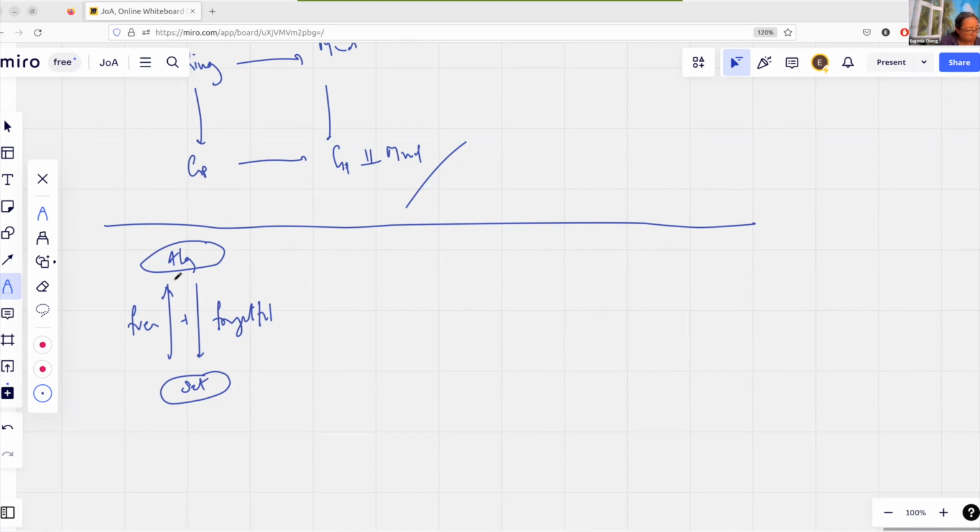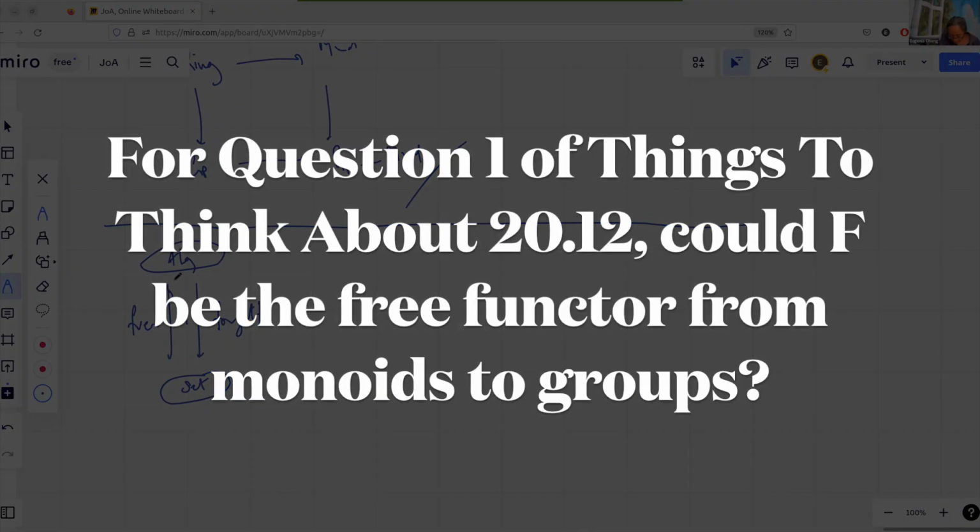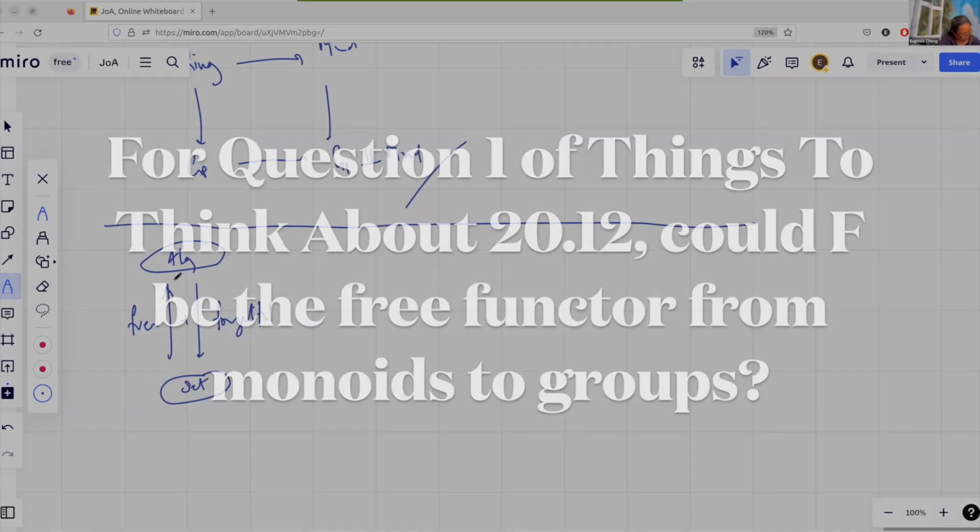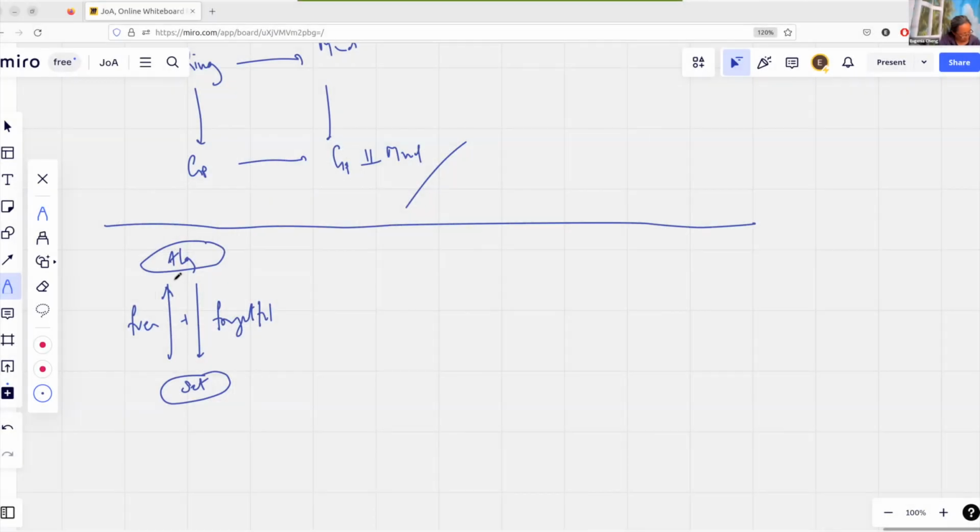Page 302, question 1 of things to think about, 20.12. Could F be the free functor from monoids to groups? So things to think about 20.12 says, can you construct some very small examples of categories and a functor F in which certain things are true?